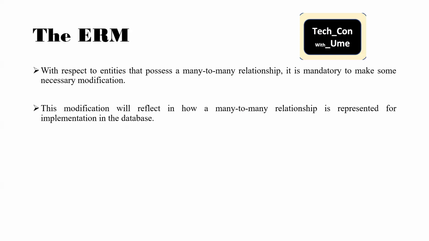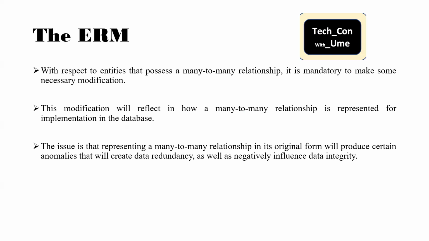Now, this modification will reflect in how a many-to-many relationship is represented for implementation in the database. The issue is that representing a many-to-many relationship in its original form will produce certain anomalies that will create data redundancy as well as negatively influence data integrity.